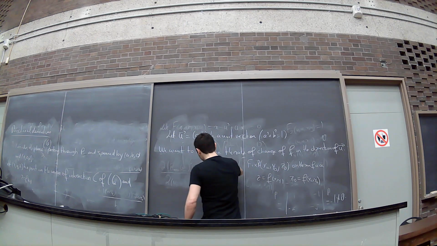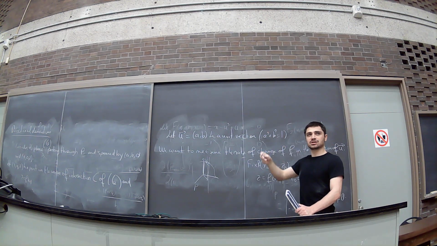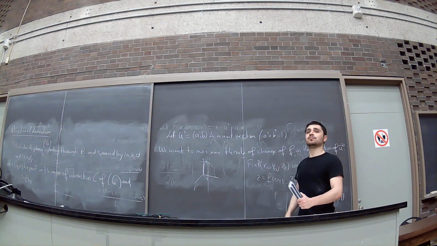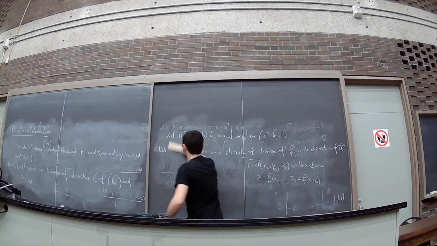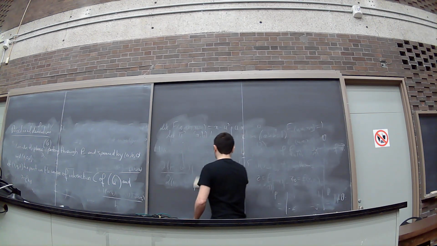Great. Now, I am on this plane, and I have a curve of intersection. Take a point that belongs on the curve of intersection of the surface and the plane. What can you then say?